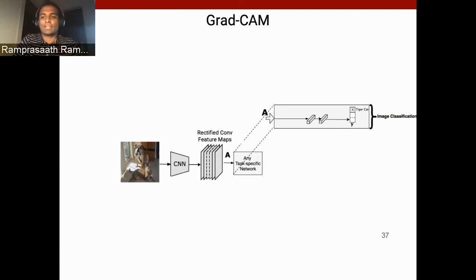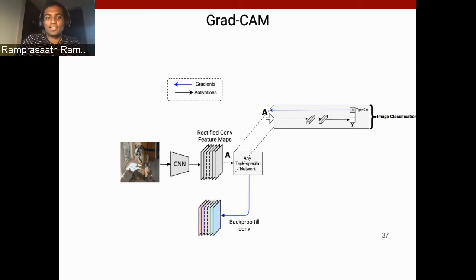Now we are asking the question: what are the most important neurons in the last convolutional layer that are responsible for predicting tiger cat? So here what we are doing is a simple backward pass until the last convolutional layer. We're literally considering this part of the network here to be linear, and we are computing the gradients.